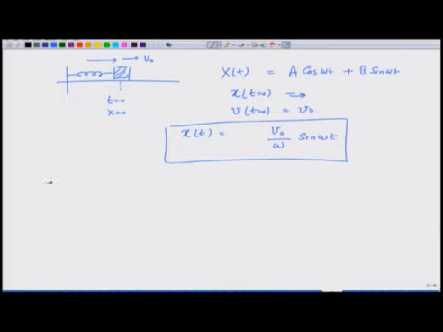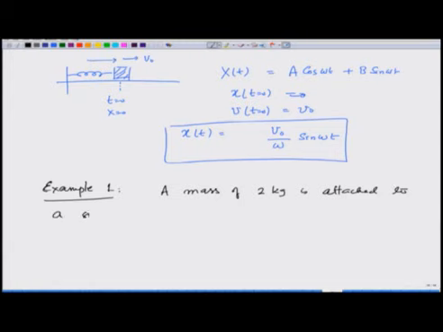Let us quickly solve a couple of examples. Example 1, a mass of 2 kg is attached to a spring of spring constant K equals 500 newtons meter inverse.